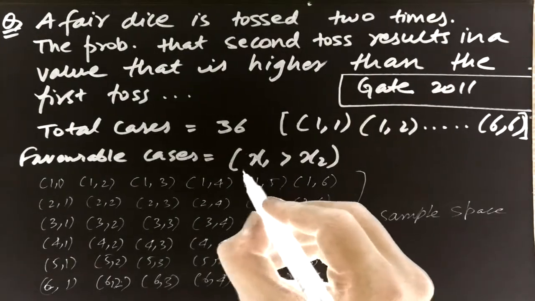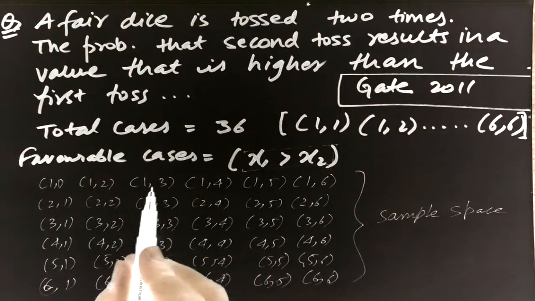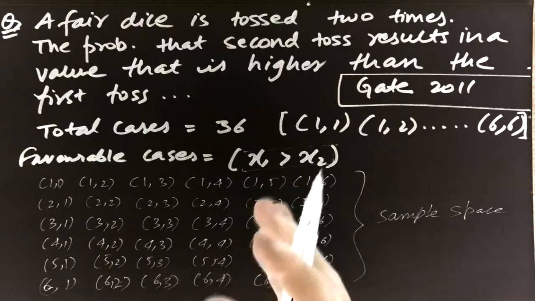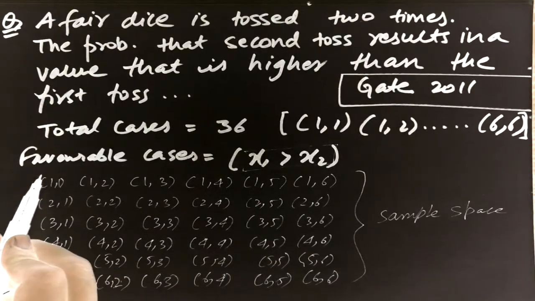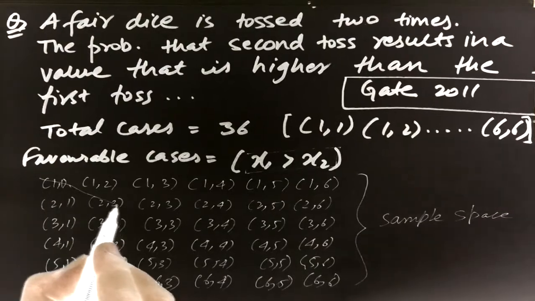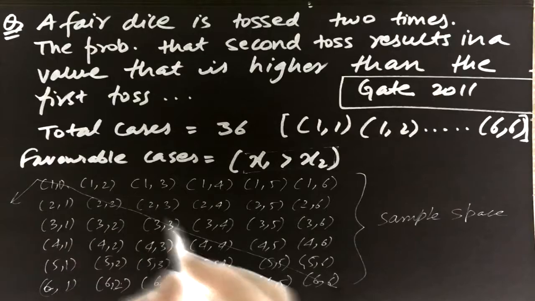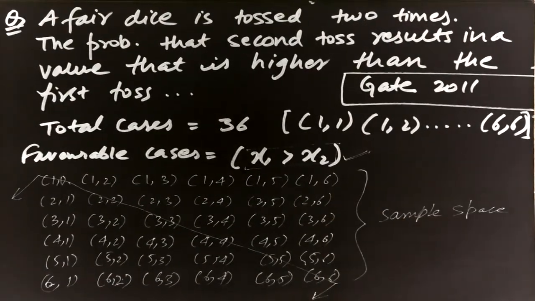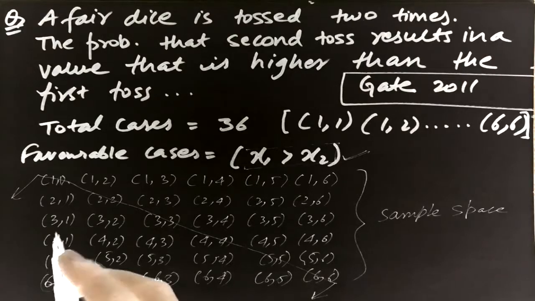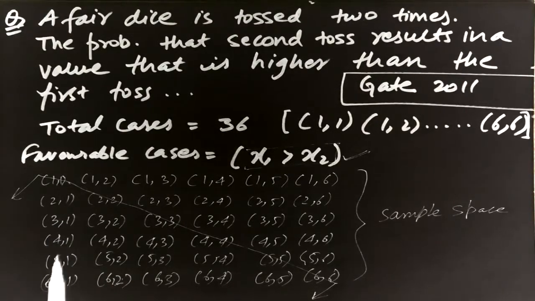So the favorable case we defined is x1 greater than x2. The x1 is the first coordinate in each element in this matrix. The diagonal elements are of equal values. All the elements lying below this will follow this relation, so x1 is greater than x2 in all these cases.